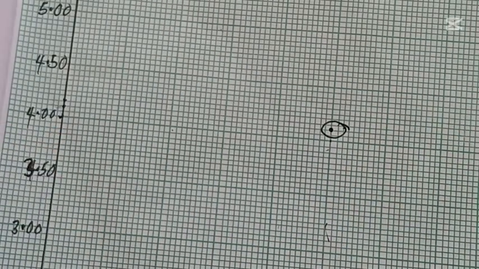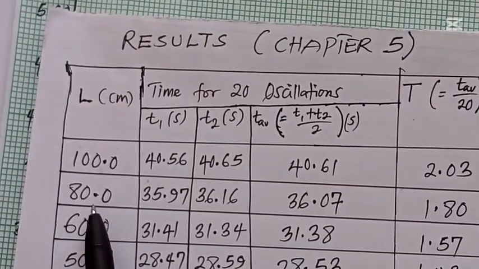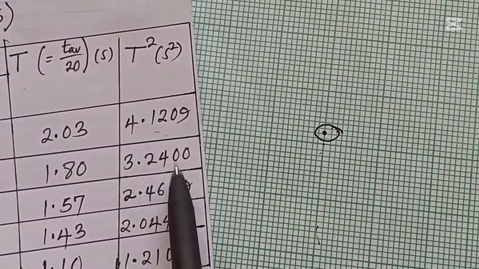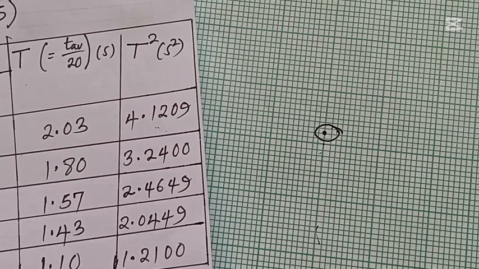Okay, next is when I have 80, I have 3.24, but I can't have 3.24. I can only have 3.25.